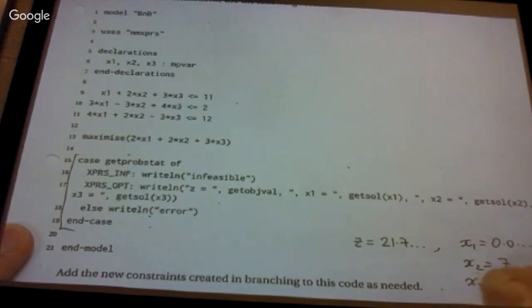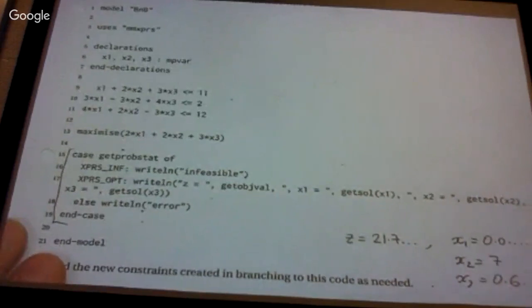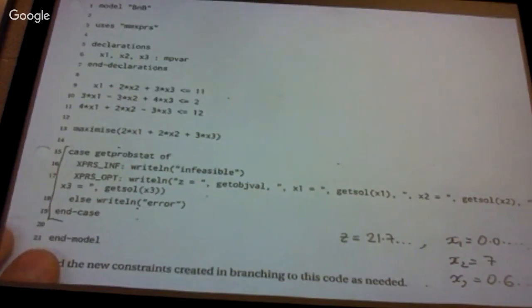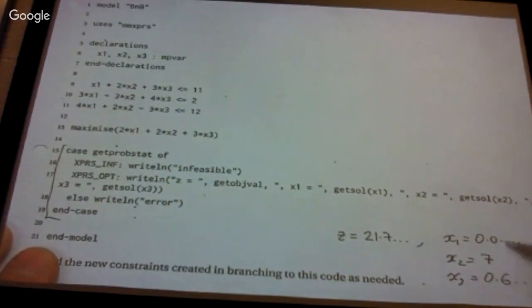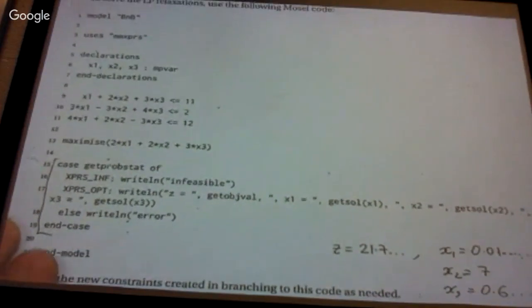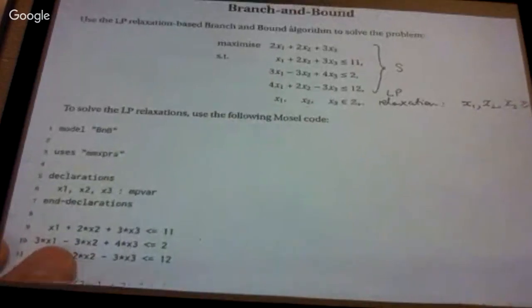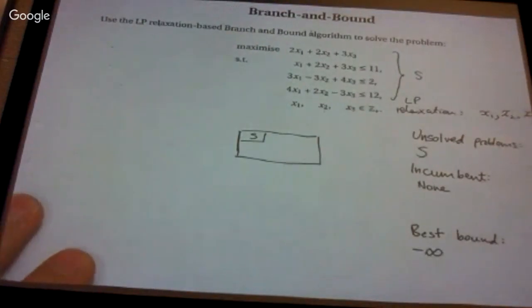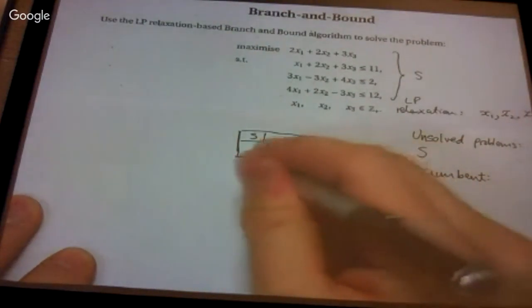And X3 is 0.6. Something like that. Okay, so this is the solution. It's not all integers because this one is 0.0, but there are some other digits. So because it's not integer, you just note it here.